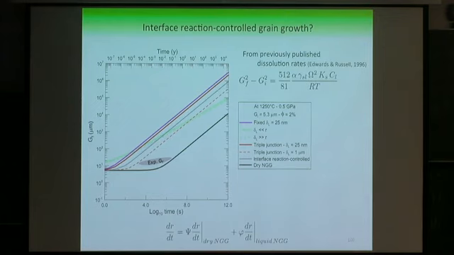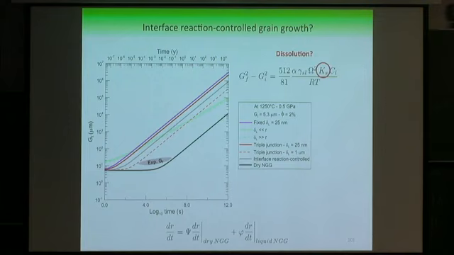And so if we try to fit the last equation that I've shown you from the theory, which takes into account the dissolution rate at the crystal-liquid interface, well, you can see that it plots here. And it's still too big. The grain sizes predicted by this model are still too big compared to the experimental grain sizes that we measure.